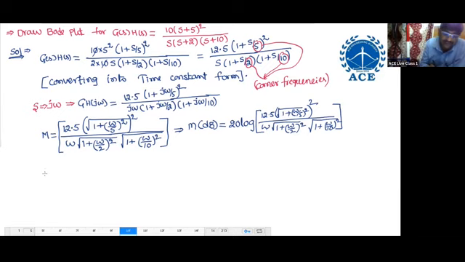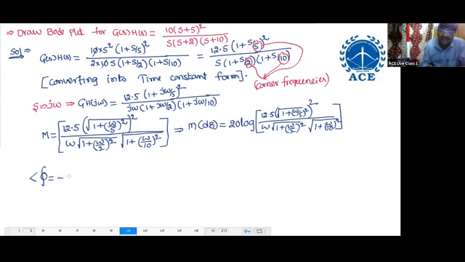Similarly, you also have to write the phase. Phase phi equals the angle of this expression. The angle of 12.5 is 0. Then the angle of j omega: what is the angle of 1 by j omega? One pole at the origin gives minus 90.